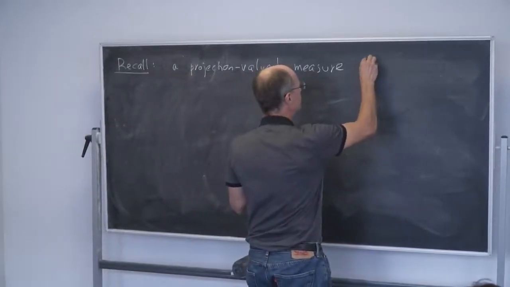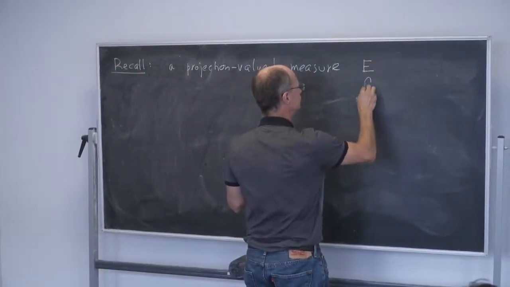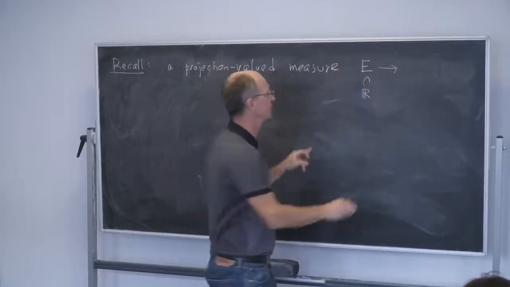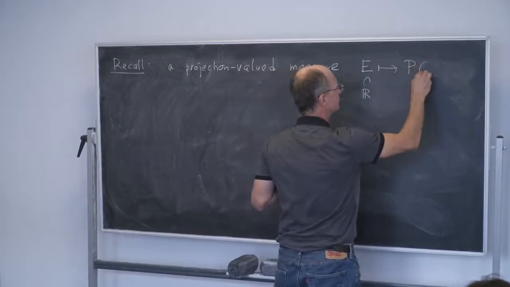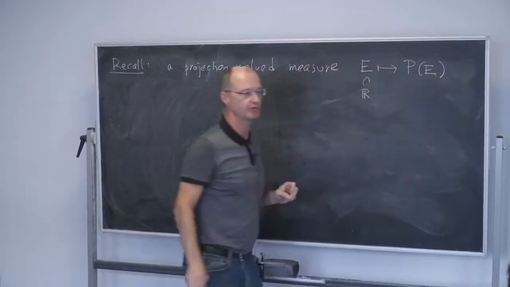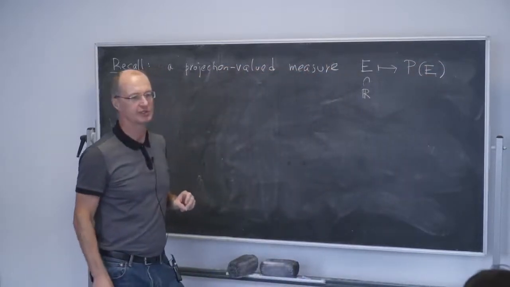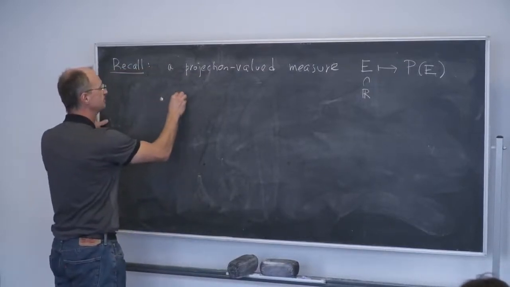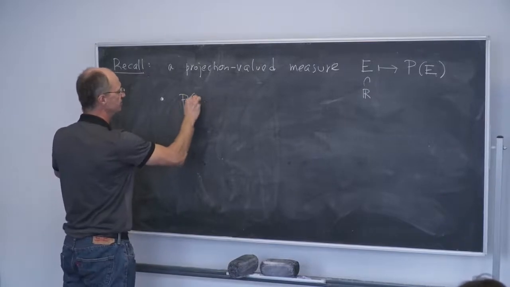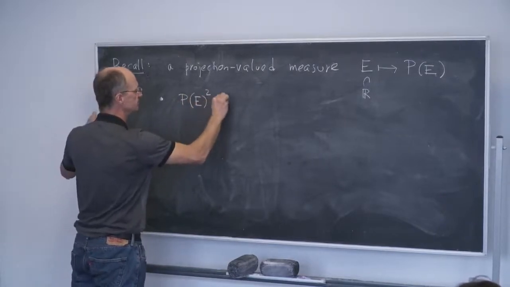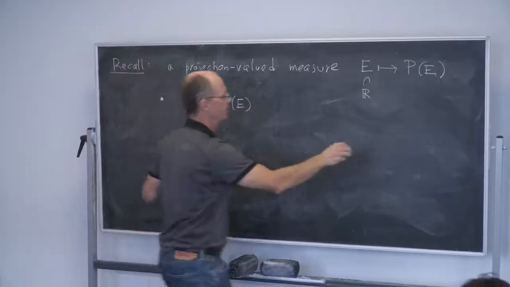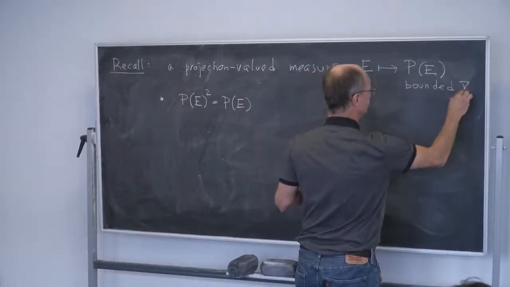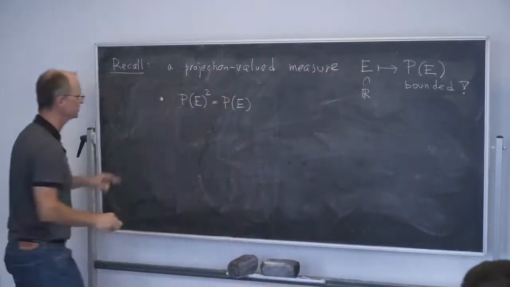So this is an assignment to each measurable subset of R. To E, we associate an operator P of E. And this operator is an orthogonal projection. Maybe I should say bounded. So these are bounded operators.